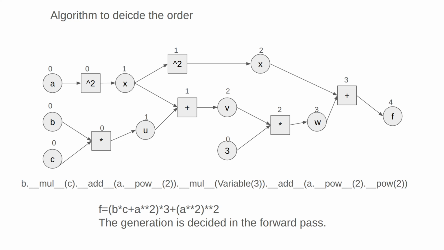And actually, you may ask how we can decide the generation in the forward pass for this function. Okay, so in the next video, we will discuss how we can use Python operator overriding to convert this expression into a function call like this.